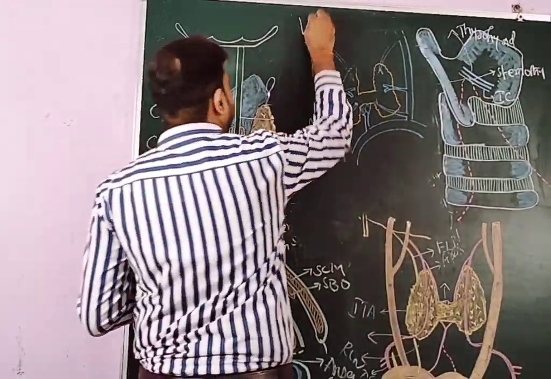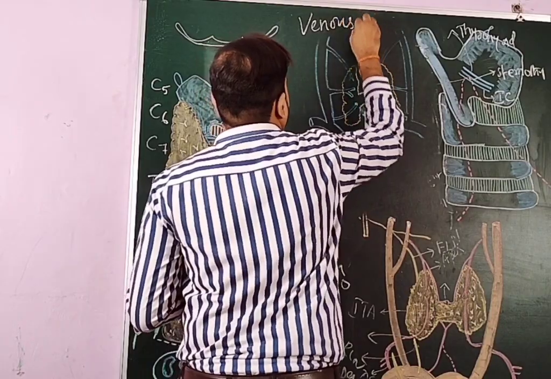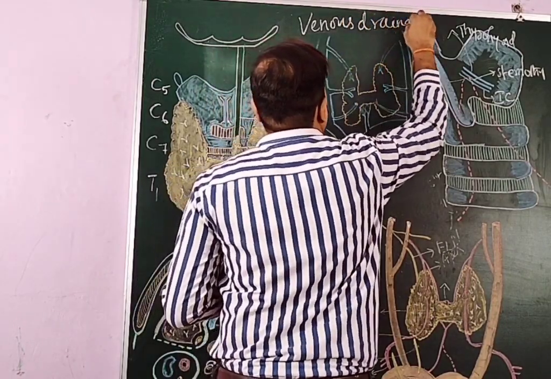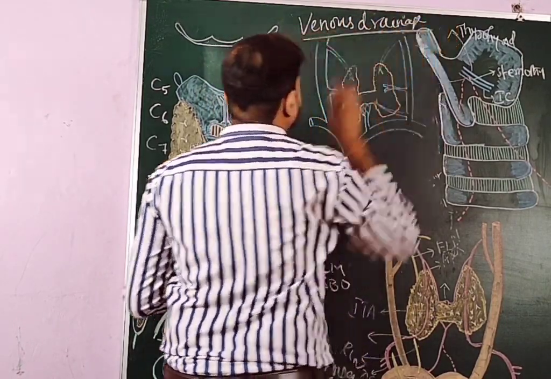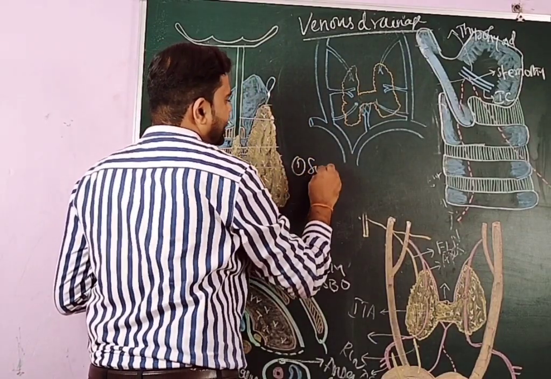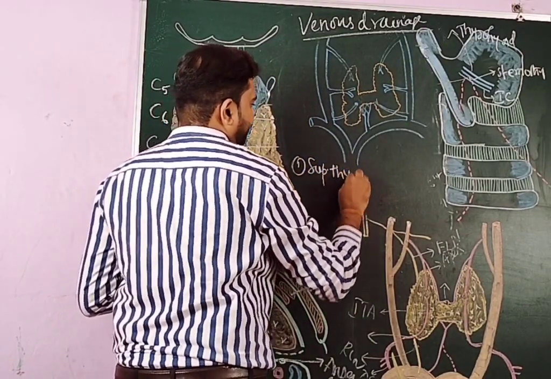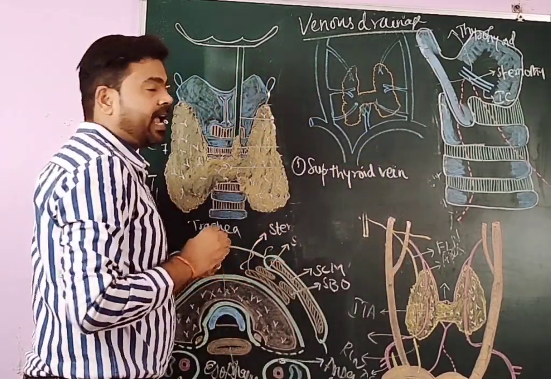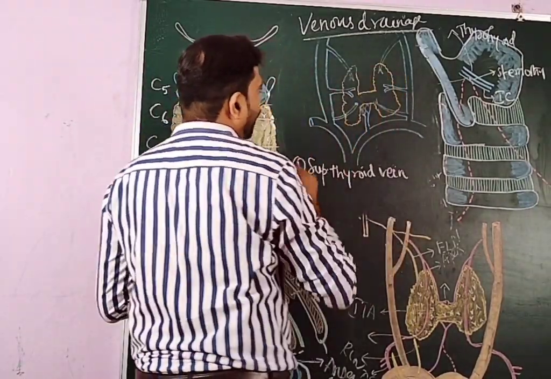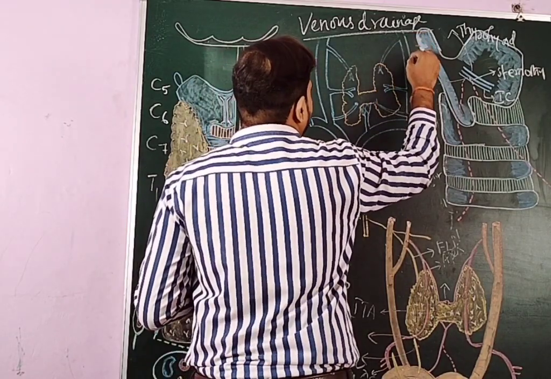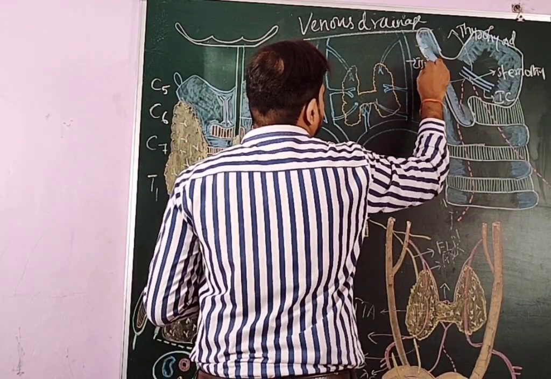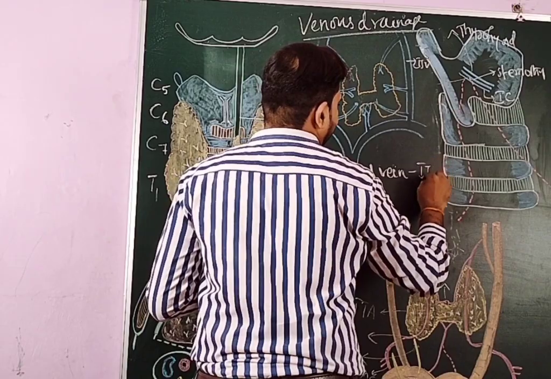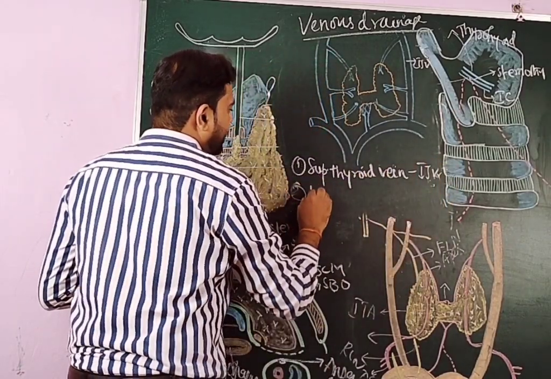For the venous drainage. First vein, the superior thyroid vein. This superior thyroid vein emerges from the upper pole of the thyroid gland, and it drains into the internal jugular vein. Next, the middle thyroid vein.